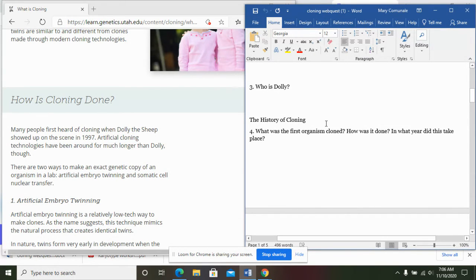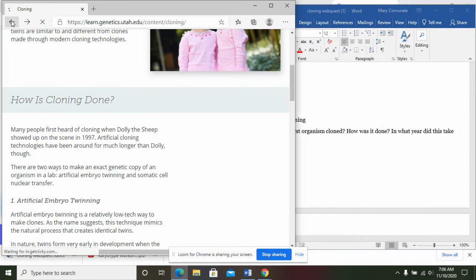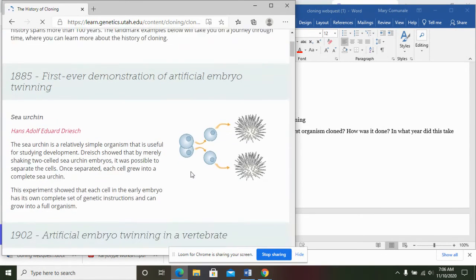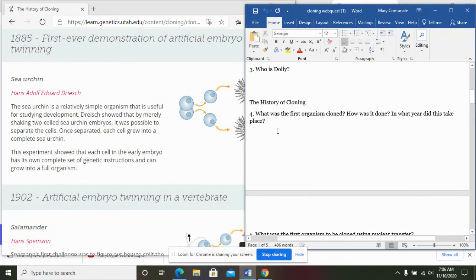The next section you're going to go to is the history of cloning. So if I click back, I'm going to skip down here. It says history of cloning. What was the first organism cloned? How was it done? And in what year? So there's 3 questions in one here.